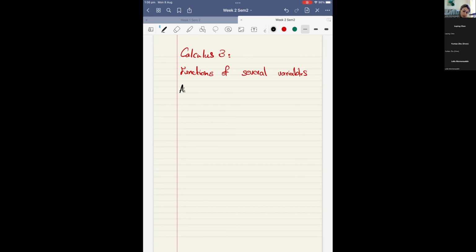The aim of this session is to understand and visualize functions of more than one variable.